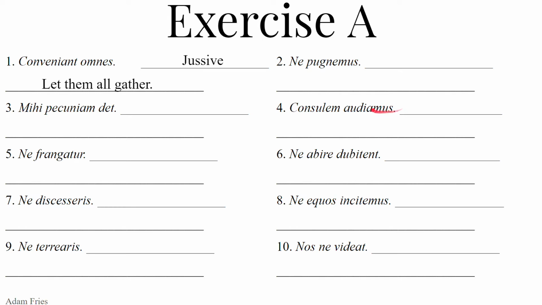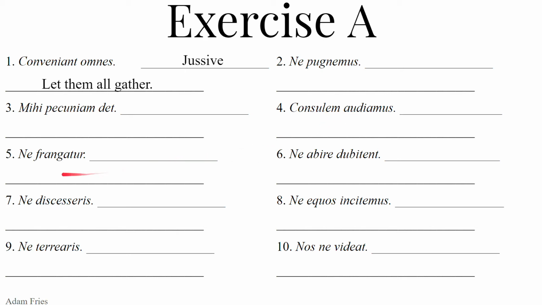Like number 2, ne pugnemus, we have mus, the first person plural, present, so let us. Hortatory subjunctive. Let us hear the consul. Let us listen to the consul. Remember, audio is a transitive verb taking the accusative case, even though in English we can say listen to, it still takes the accusative.